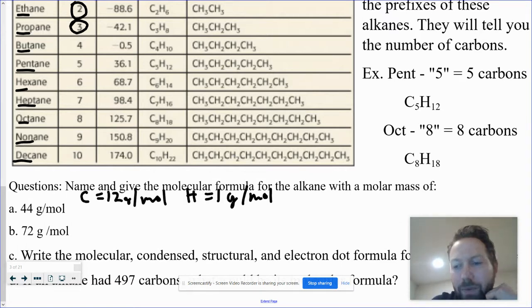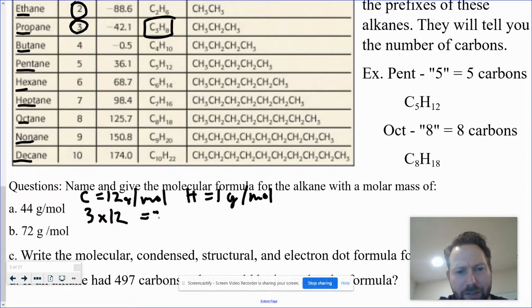Well, you have to play around with it a little bit, but hopefully you see that if you have 3 carbons, 3 times 12, that would be 36.